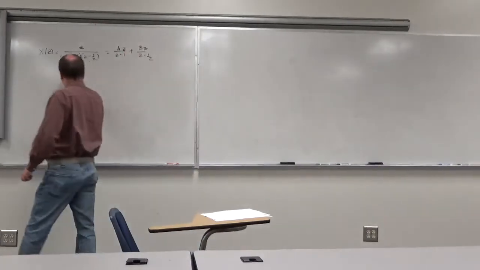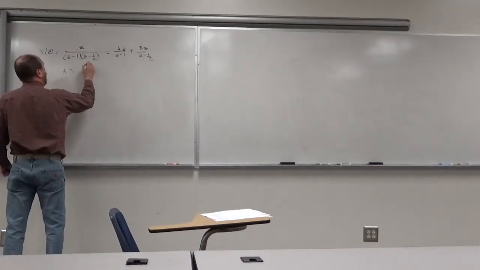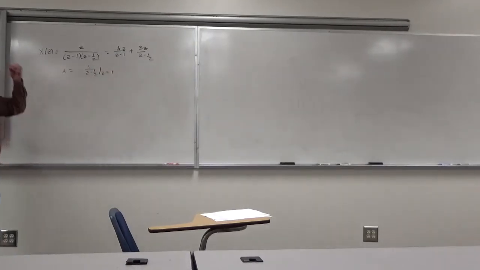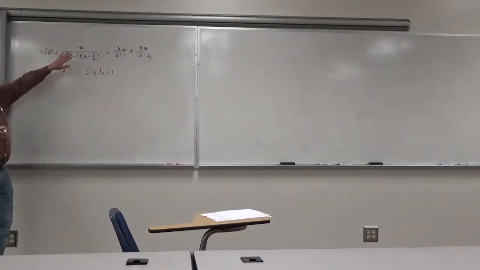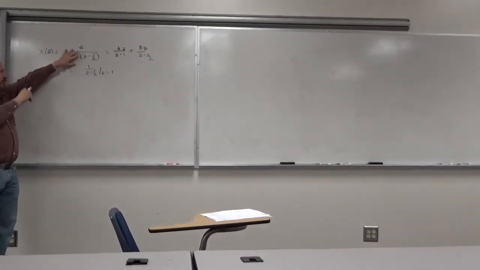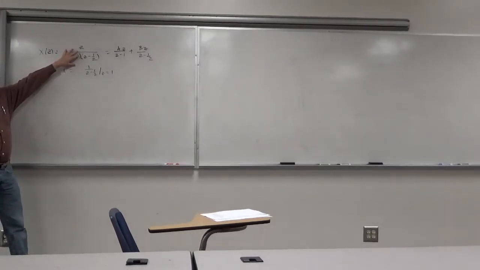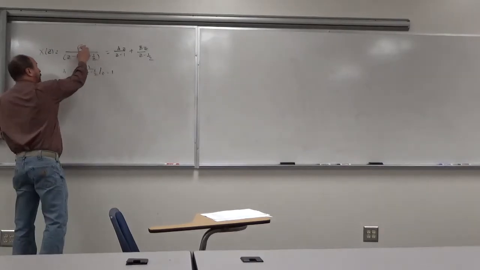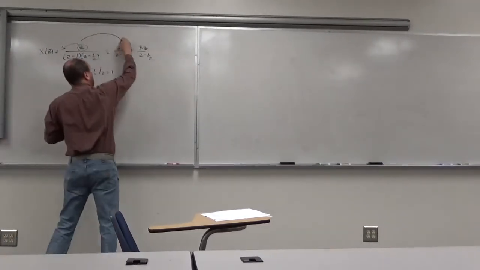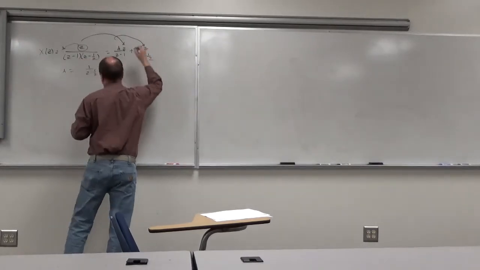So A would be 1 over z minus 1/2 evaluated at z equals 1. Obviously I covered up the z minus 1 term. Why do I not have a z in the numerator? Where did it go? I pulled it out. Yeah, I pulled that z out front, and then I put it back in here and here.